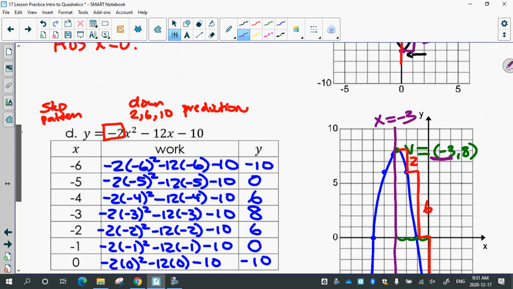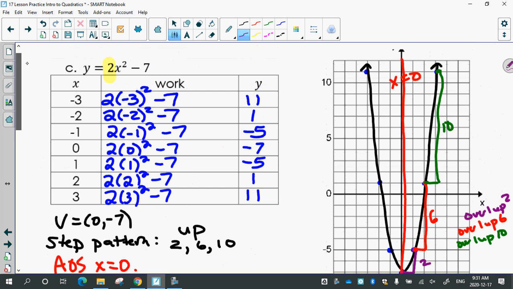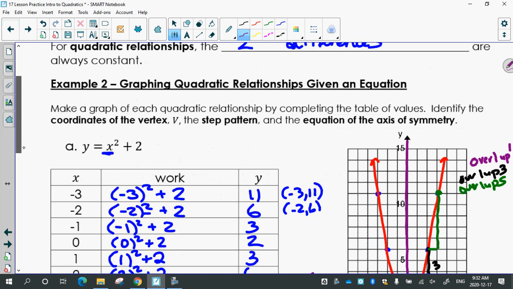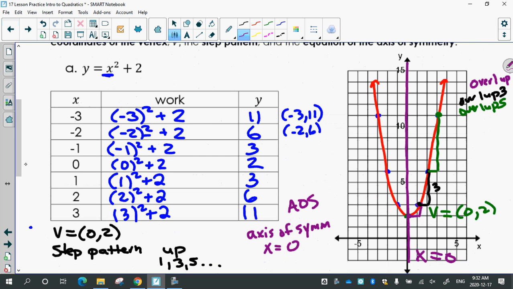And if you go back, the c value was -7, and that's where our vertex was, but that was also where it touches the y-axis. Okay? And if you look back at these ones, our c value is 2. C has no x with it, remember, so that's how we know it's the c. And our y-intercept, which is also our vertex, is at 2.